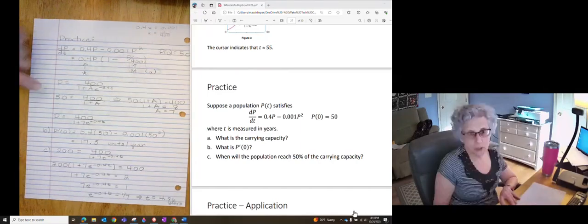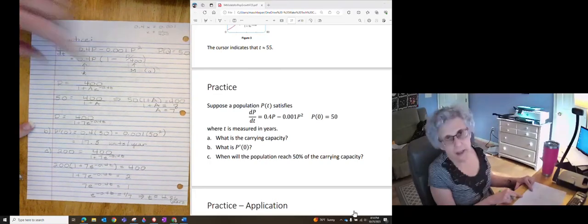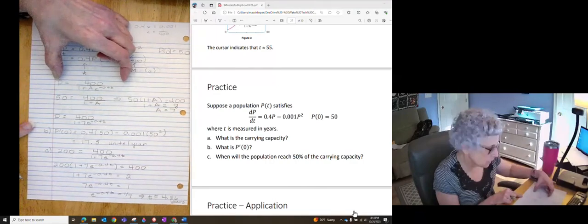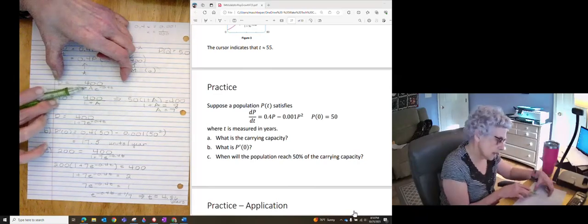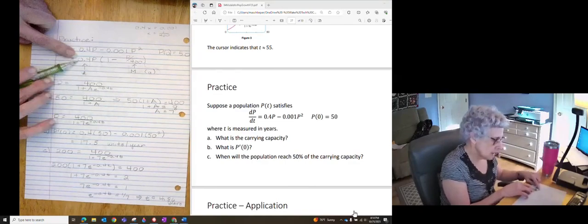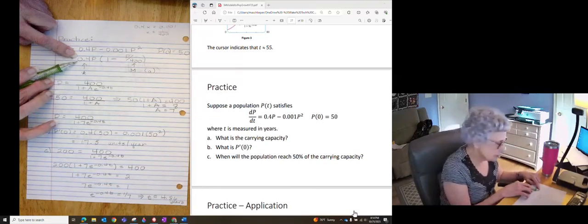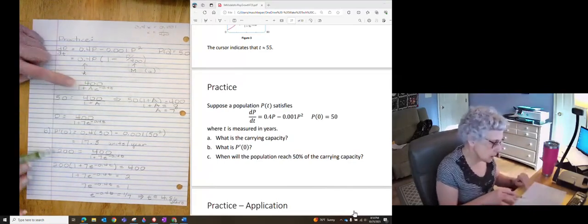I got all excited and went ahead and wrote down the answer to the differential equation before I went back and answered A. But I put carrying capacity over 1 plus A e, and since I had it in the format of the logistic differential equation, my K was 0.4, so to the negative 0.4t.